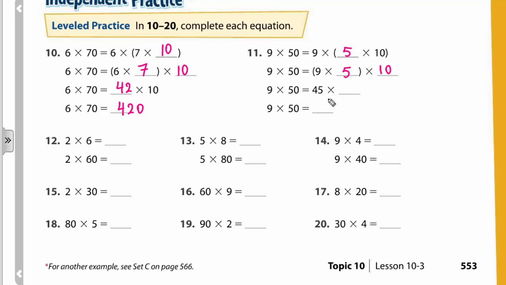In the next step, we will multiply 9 by 5, which is 45, and then multiply by 10. And the 45 we will give an extra 0, so it will be 450. Thank you, Hazim. You are a hero.